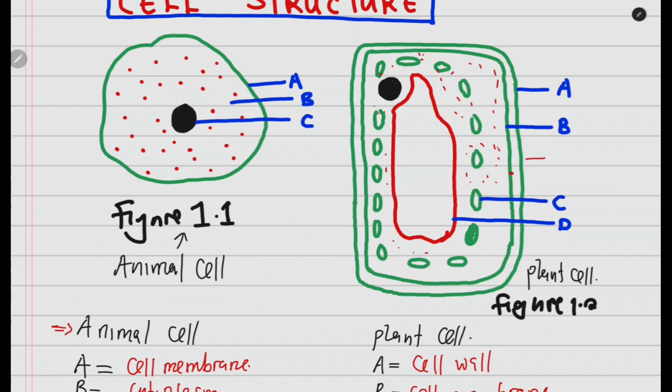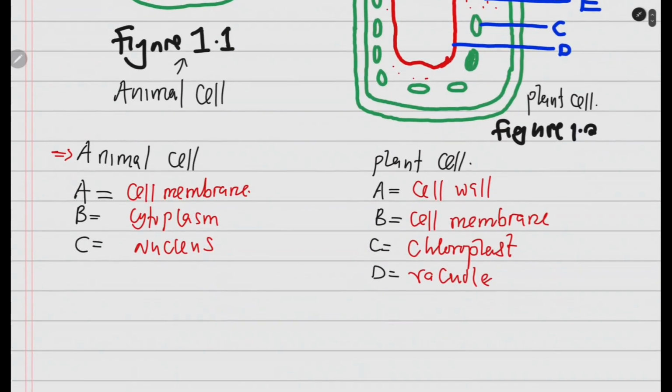So the inside part here is what we call, let me put this one to be E. So E is the cytoplasm. Okay, so please make sure that you check if we've not left any parts.